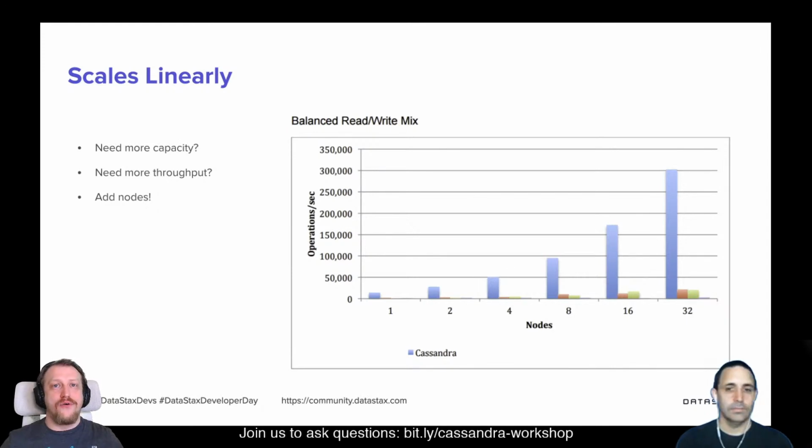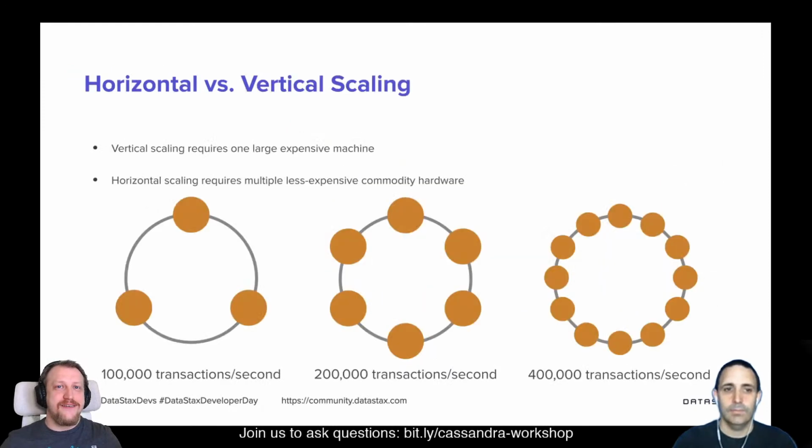When you add a new node, it's the cluster's job to take care of the data and reshuffle data to the new node. Then you decommission a node when you don't need it anymore, like when Black Friday is over. It's the cluster's job to reshuffle data back to the previous set of nodes. That's great.